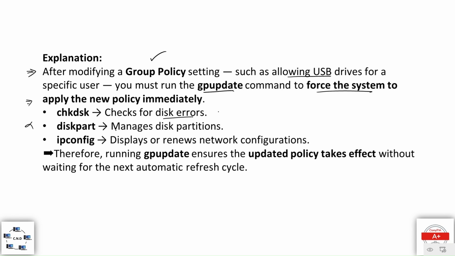Disk part is used to manage disk partitions, and ipconfig displays or renews network configuration information such as IP addresses, subnet mask, and gateway. So therefore, running GP update ensures the updated policy takes effect without waiting for the next automatic refresh cycle.